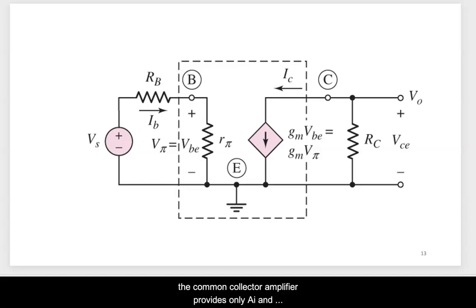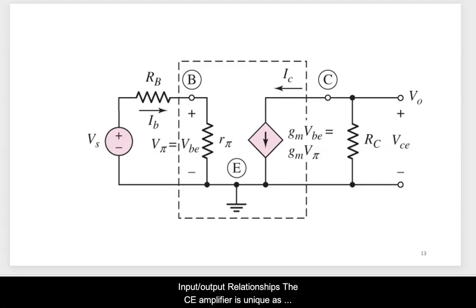In contrast, the common collector amplifier provides only Ai and Ap, while the common base amplifier only Av and Ap. Therefore, it's up to the circuit designer to choose the type of amplifier configuration that suits the desired gain. Since common emitter can provide all three of gains, it is the most often used amplifier configuration.